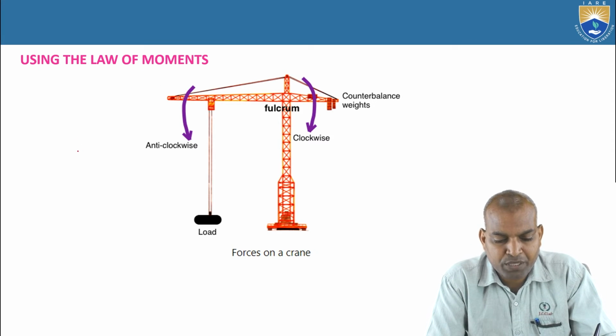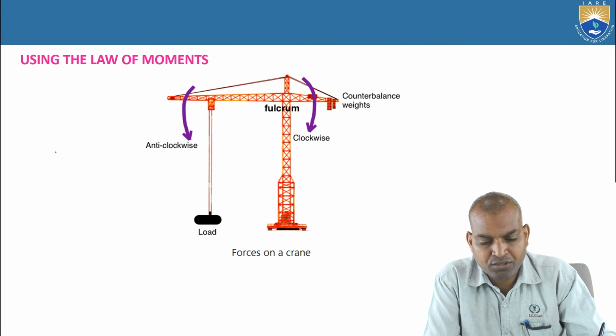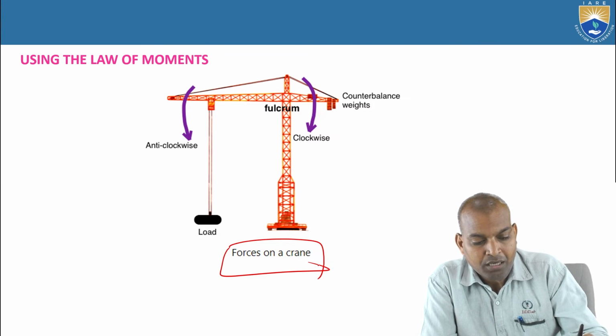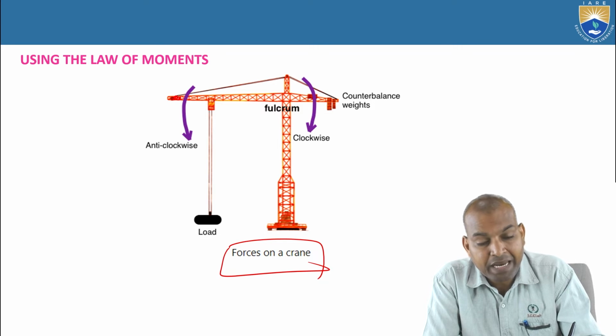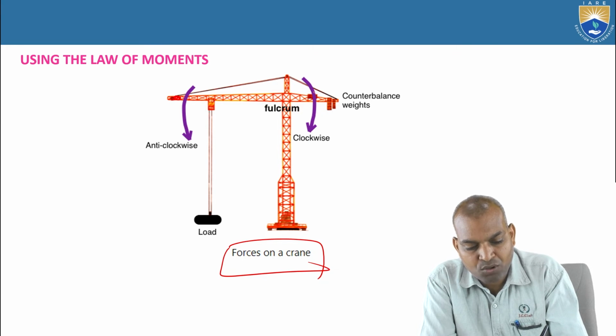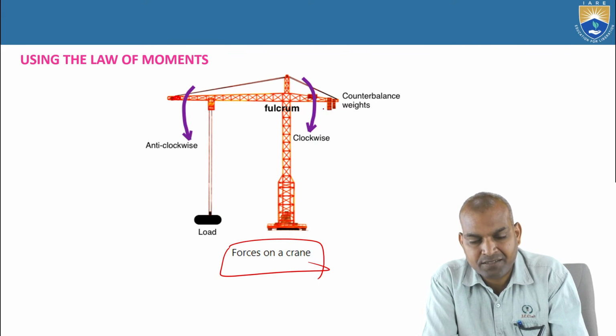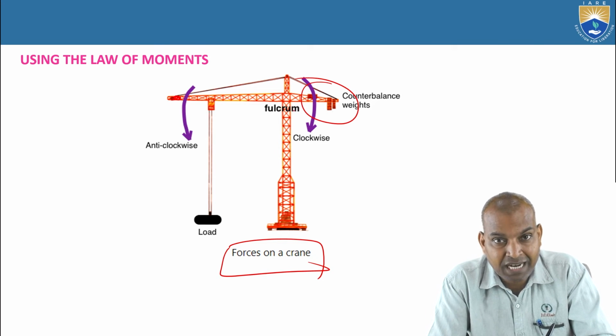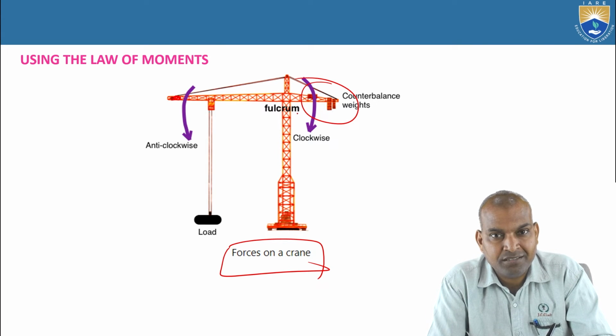Using the law of moments, we can also find out forces on a crane. How much weight is going to be carried is very important, and where to place the loads and the counterbalance weights. These are the counterbalance weights. If they are not there, what will happen?